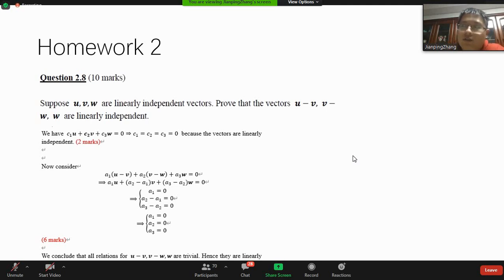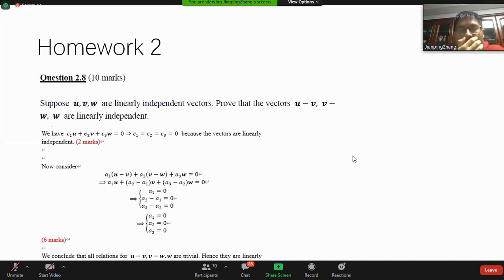It's easy to prove. You write down the equations and solve them, and you get A1, A2 minus A1, and A3 minus A2 are all zeros. After you finish the calculation, you find that the only solution is that all the coefficients should be 0. So it is quite straightforward to prove.